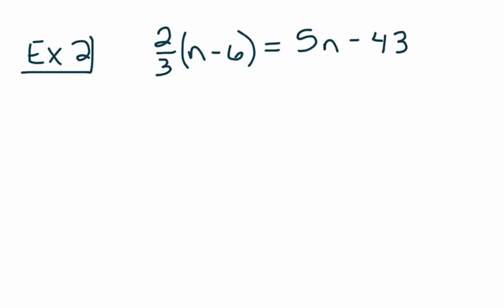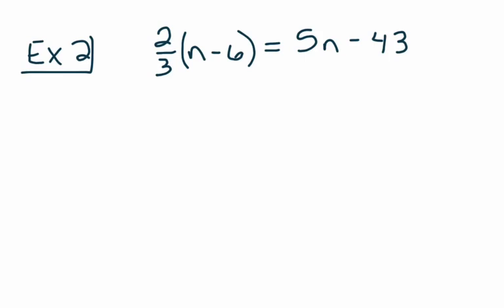But if we had a coefficient in front of this n that was a multiple of 3, let's say it was 6, 9, 12, 15, 18, something like that, then it would be the special case because we would have a multiple of 3 as our coefficient here and a multiple of 3 as our constant term here. However, because we don't have a multiple of 3 as our coefficient, this is not a special case.